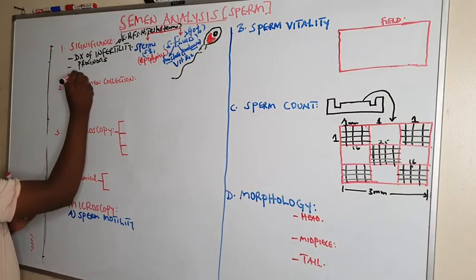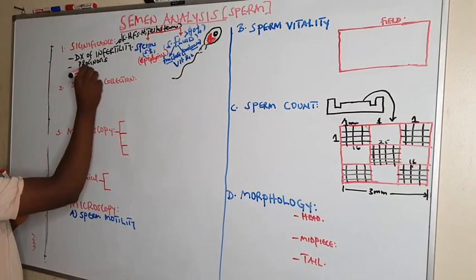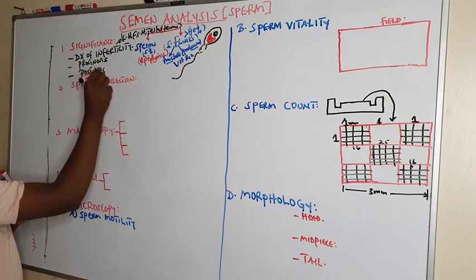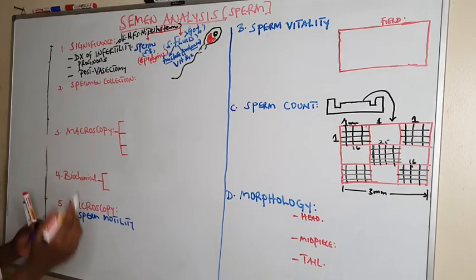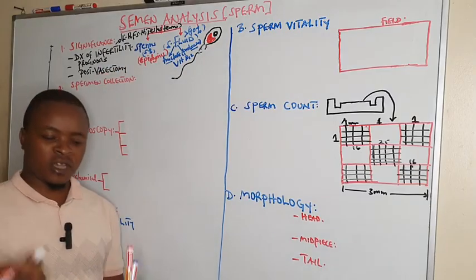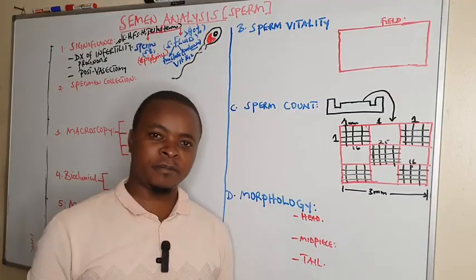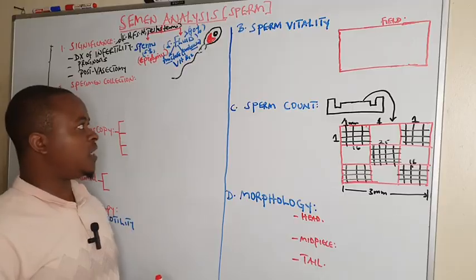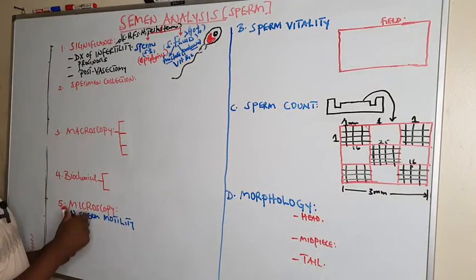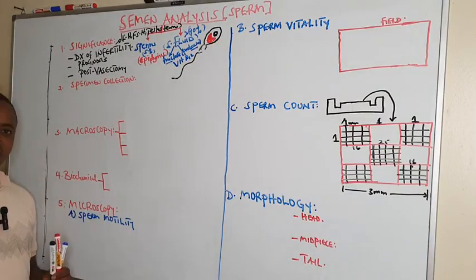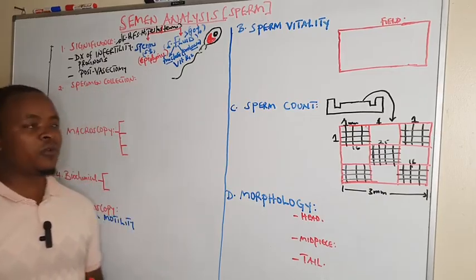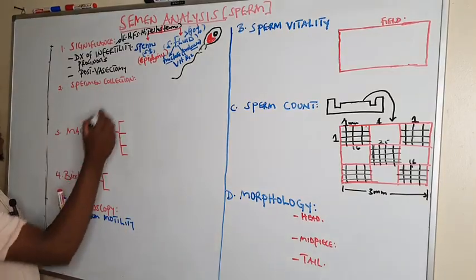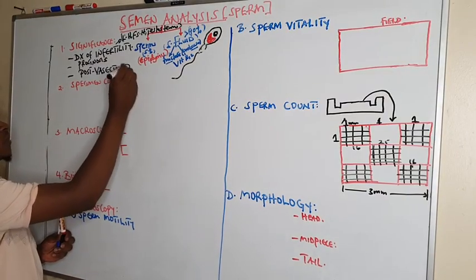Then lastly, we can do it post-vasectomy. So 1 week to 1 month after vasectomy, that is cutting of the ducts of the male, as a way of family planning. To see if it was successful, after 1 week we can do semen analysis to check if there is presence of sperms.